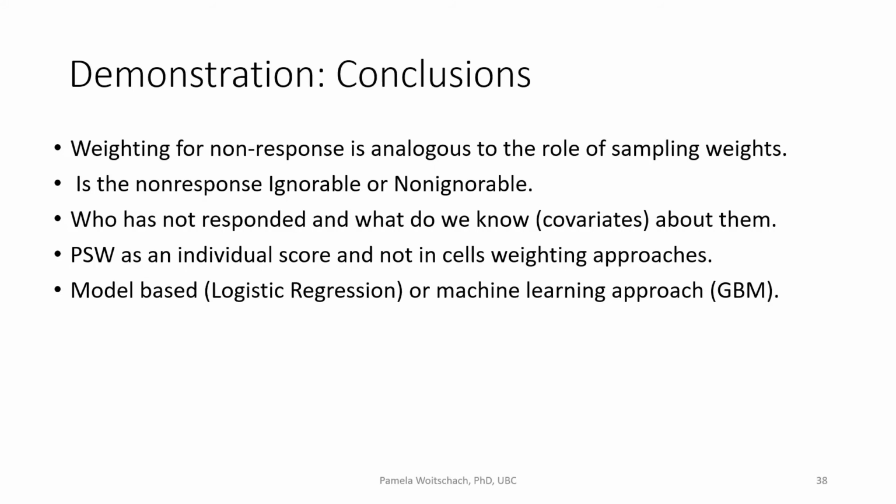The literature review has shown us that nowadays machine learning approaches are preferred over logistic regression. However, most of the literature in propensity score weighting includes logistic regression as an approach to calculate the propensity scores. In our study, both GBM and logistic regression yielded the same or similar outcomes.